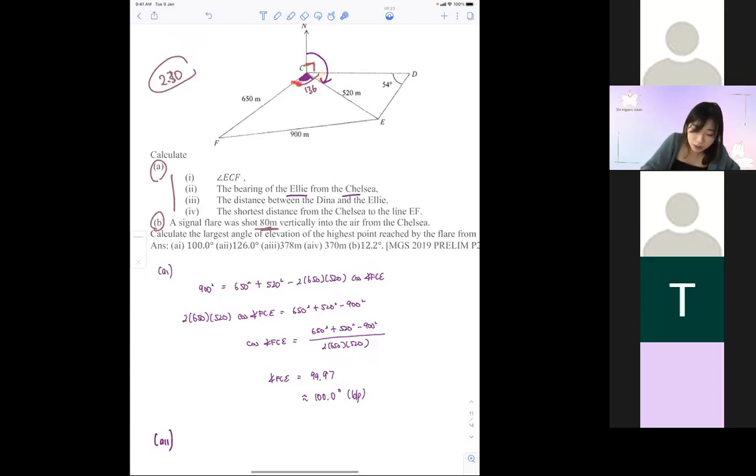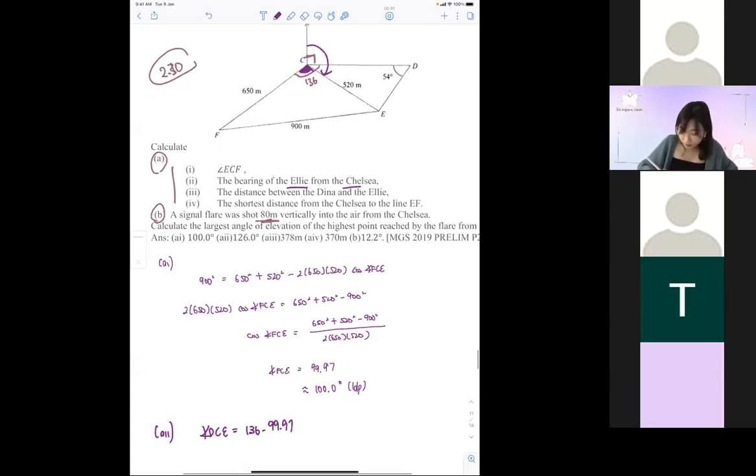We know that this whole thing is 136, and this is 99.97. So we can just minus. Angle DCE is 136 minus 99.97, you get 36.03.